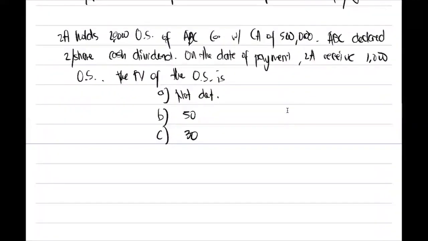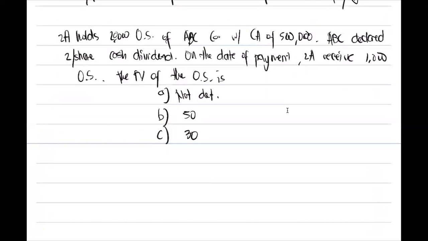Okay. So 2A holds 20,000 ordinary shares of ABC company with carrying amount of 500,000. ABC declared 2 pesos per share cash dividend. On the date of payment, 2A received 1,000 ordinary shares. The fair value of the ordinary share is not determinable for letter A, letter B, 50, letter C, 30. Again, on the date of declaration, how do we record it?